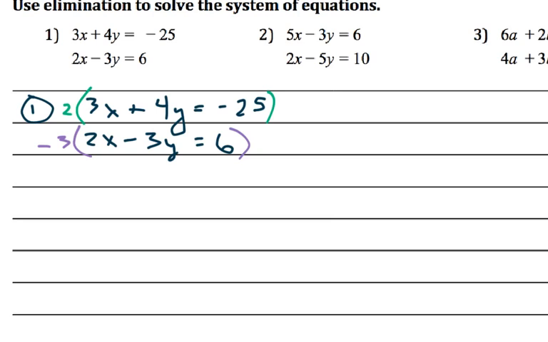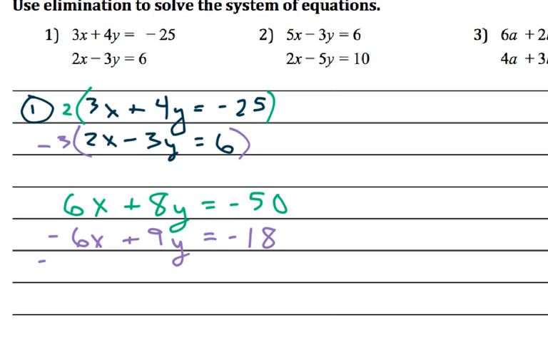So my first equation, after I skip a line, becomes 6x plus 8y equals negative 50. My second equation becomes negative 6x plus 9y equals negative 18.